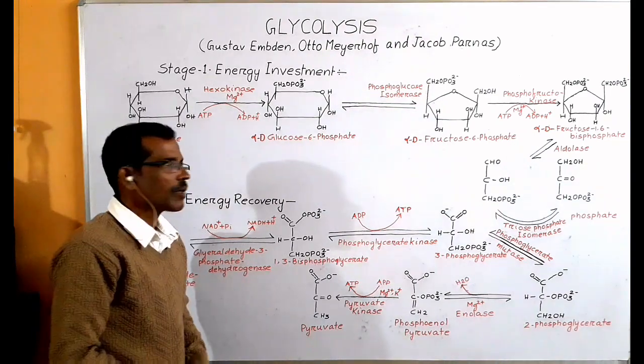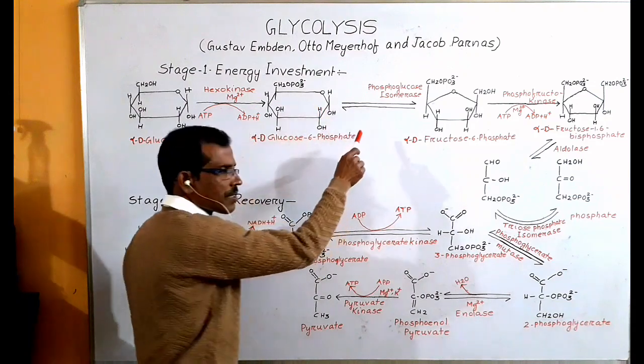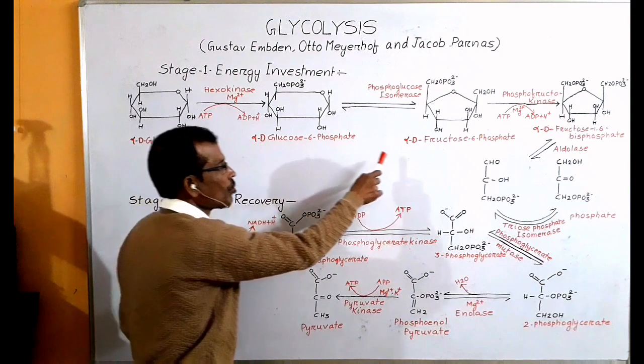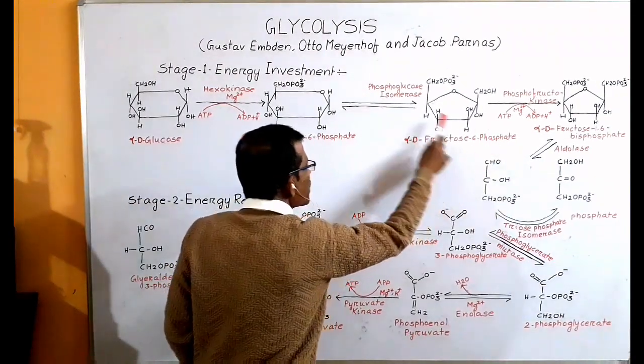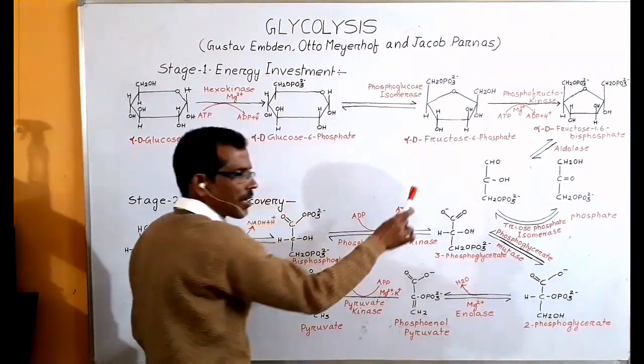Step 2 of glycolysis. Step 2 is the isomerization of alpha-D glucose 6-phosphate to alpha-D fructose 6-phosphate in the presence of enzyme phosphoglucose isomerase.